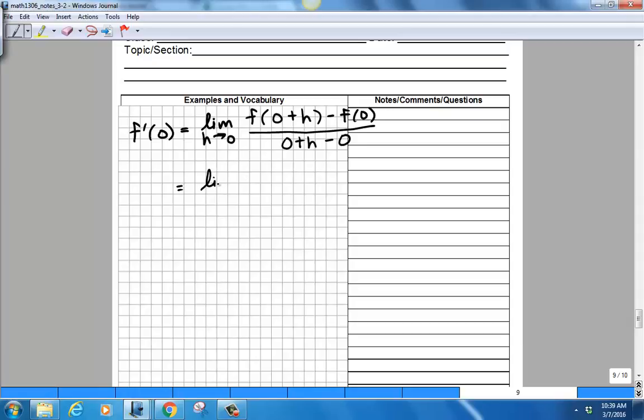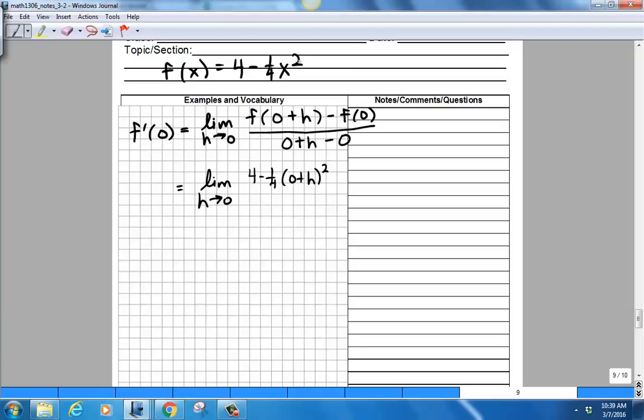So we want the limit as h goes to 0 of, let's see, what's f of 0 plus h? That's 4 minus 1/4 times (0 plus h) squared. That was the formula for f, 4 minus 1/4 x squared.